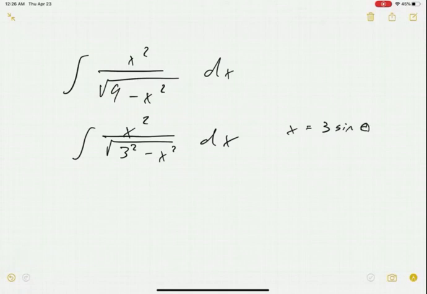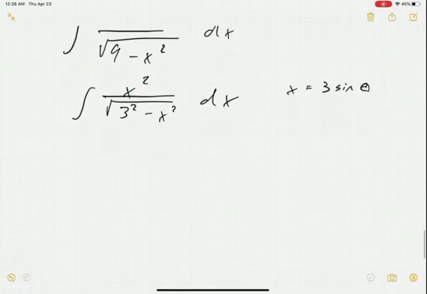That should be my substitution. And then what does that say about dx? Well, then dx will be 3 cosine theta d theta. So I'm going to plug this in for x everywhere I see it, and then I'm going to replace dx with this. Okay, so let's go ahead and do that substitution.